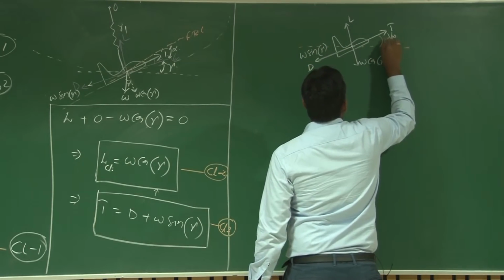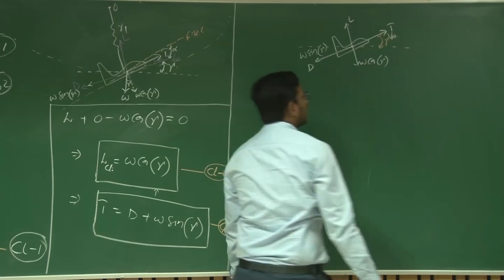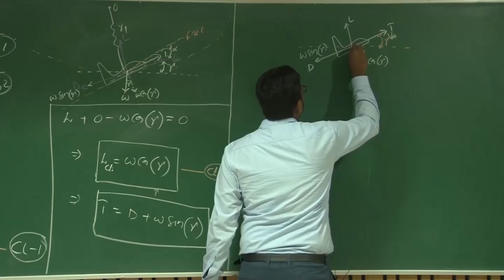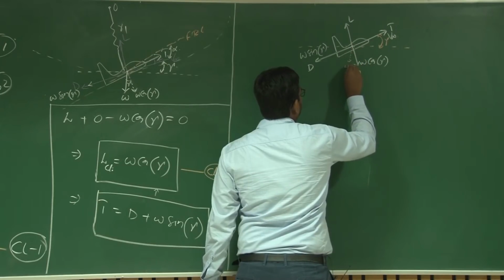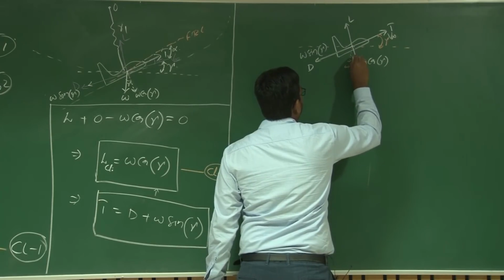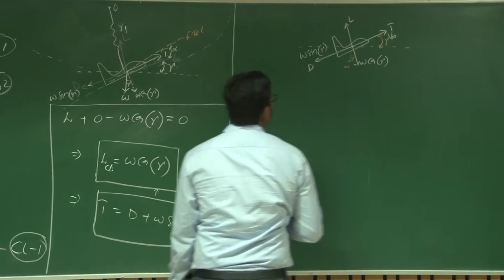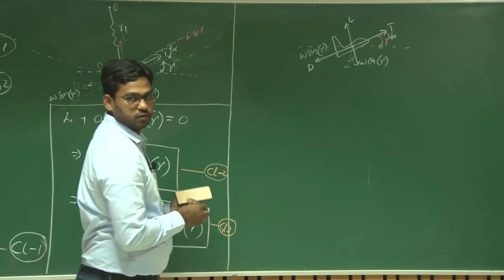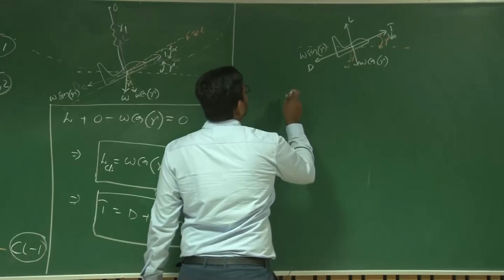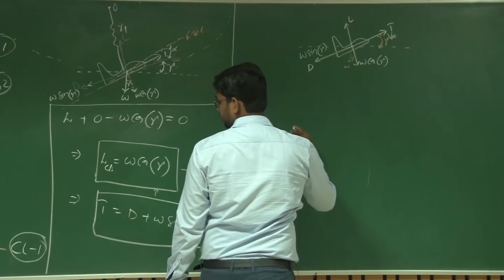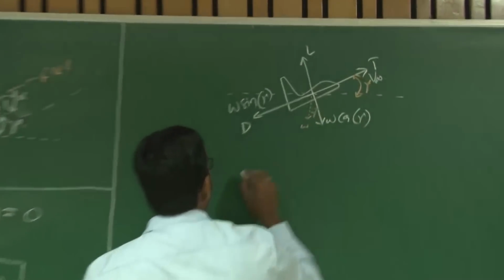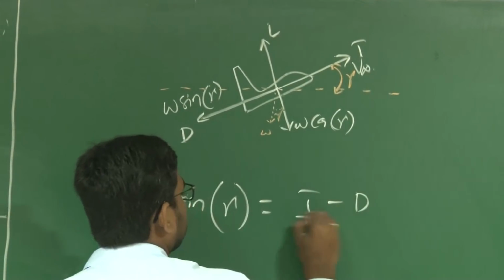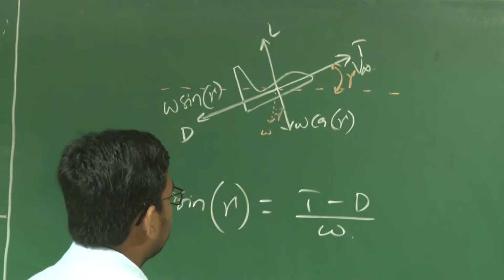This particular angle is the climb angle, gamma. This is the FBD for this particular case. So this gamma is the climb angle given by T minus D by W, right?